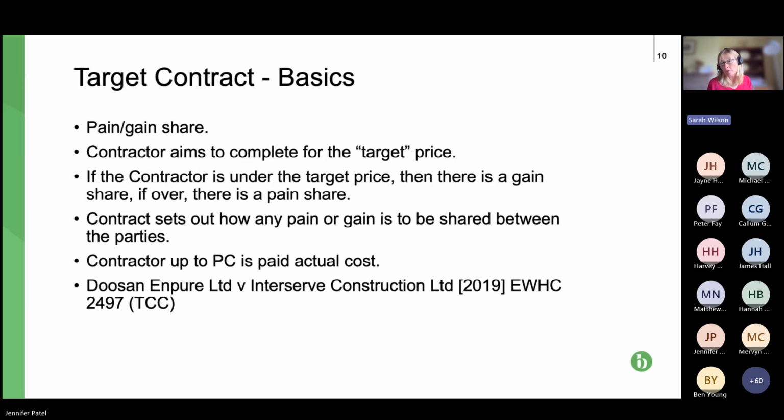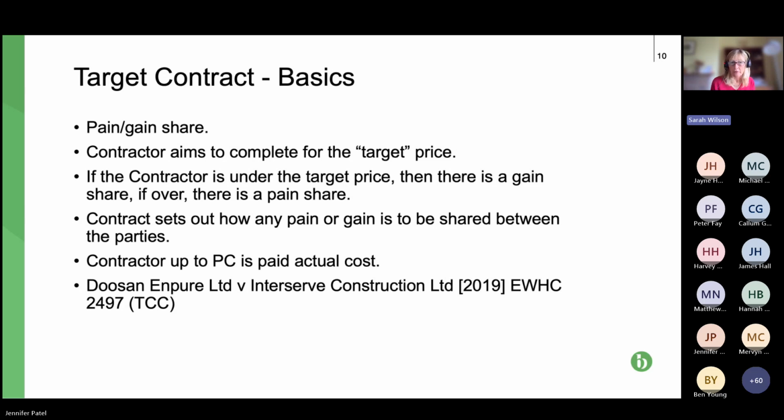Now, if you're the contractor and you're happy with that, then that's fine, particularly if it's a gain alteration, because you may find that in your interim payments you're getting a gain share. If it's a pain situation, in reverse, you may find that you are having to pay money back through the life of the contract.